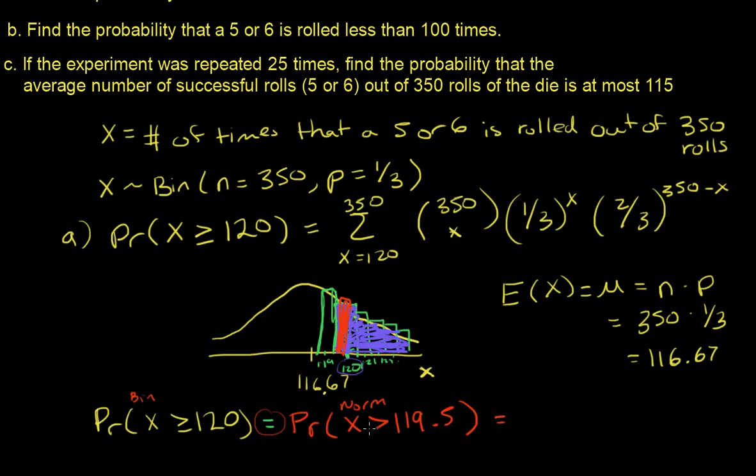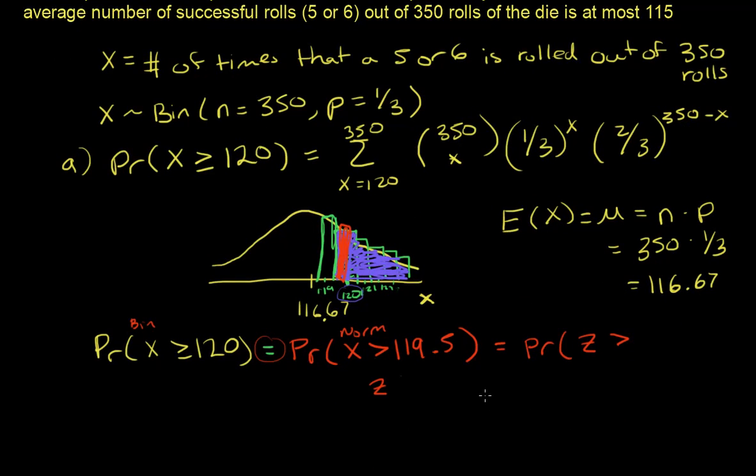So we'll need to take this and make it into a z value. So remember z, let me switch that around. Z is equal to x minus mu divided by sigma. What's sigma here? I need to calculate it. I found mu, n times p.